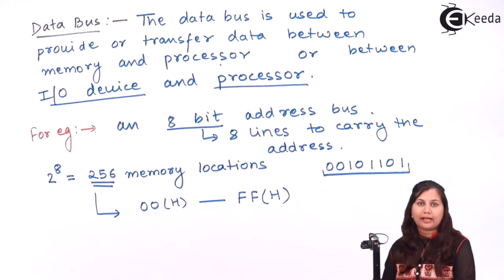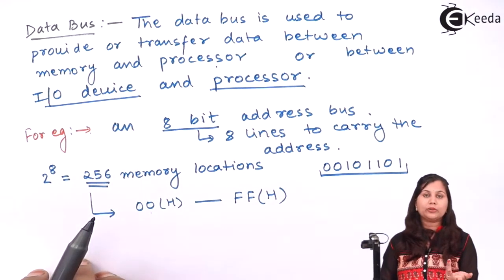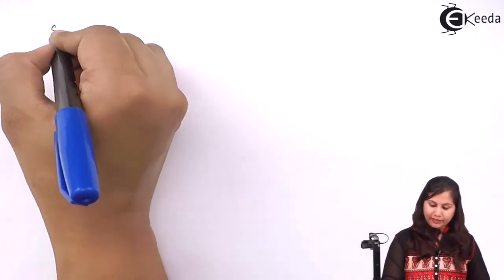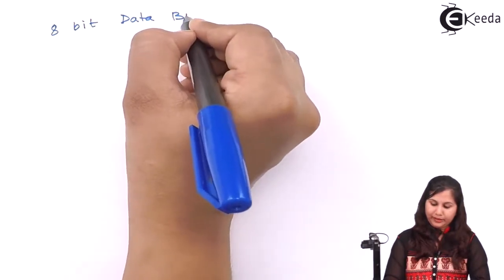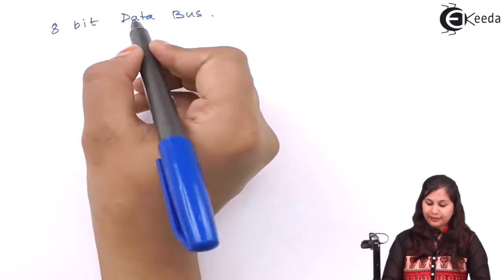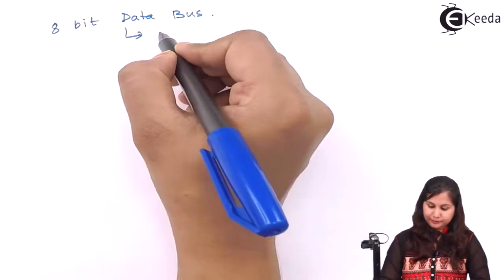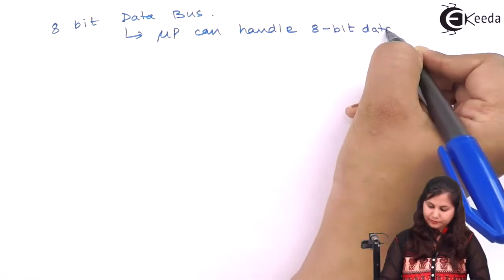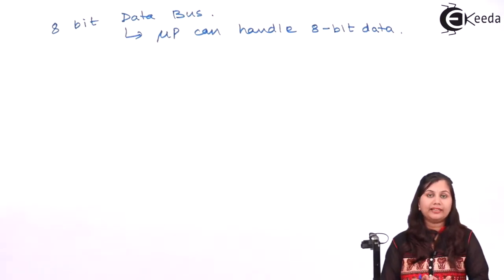Now comes the data bus. The data bus can be 8-bit, 16-bit or 32-bit. Like here, we have an 8-bit data bus. It means the microprocessor can handle 8-bit data. We have said that the microprocessor is defined according to the data it gets as input.